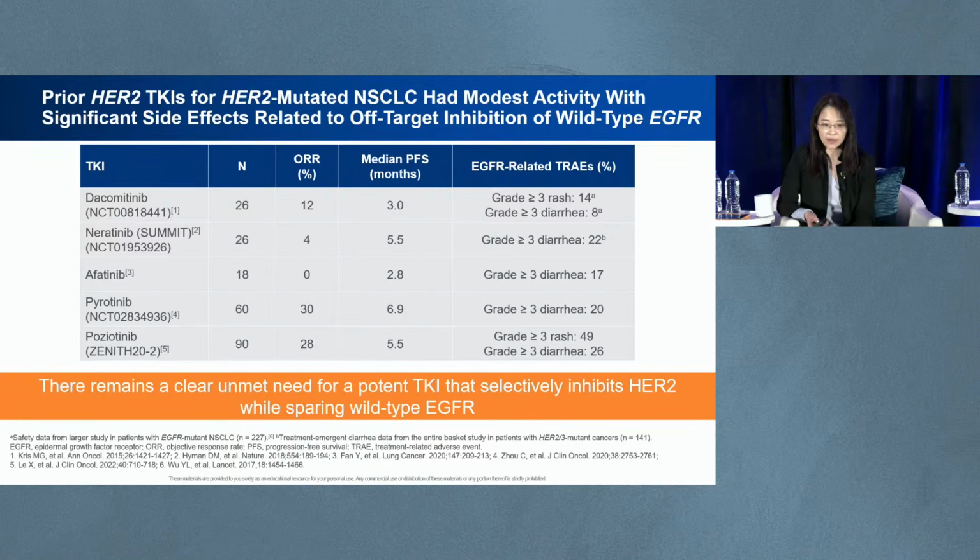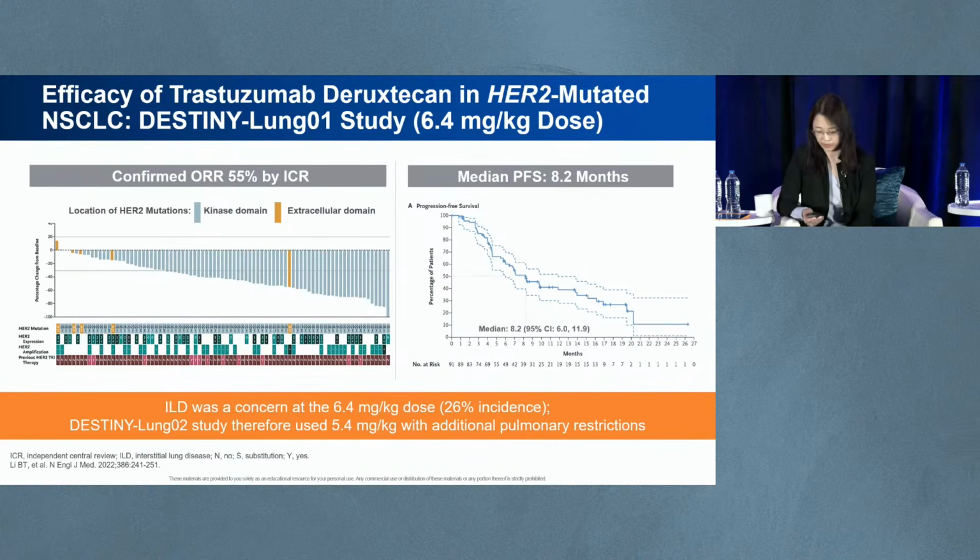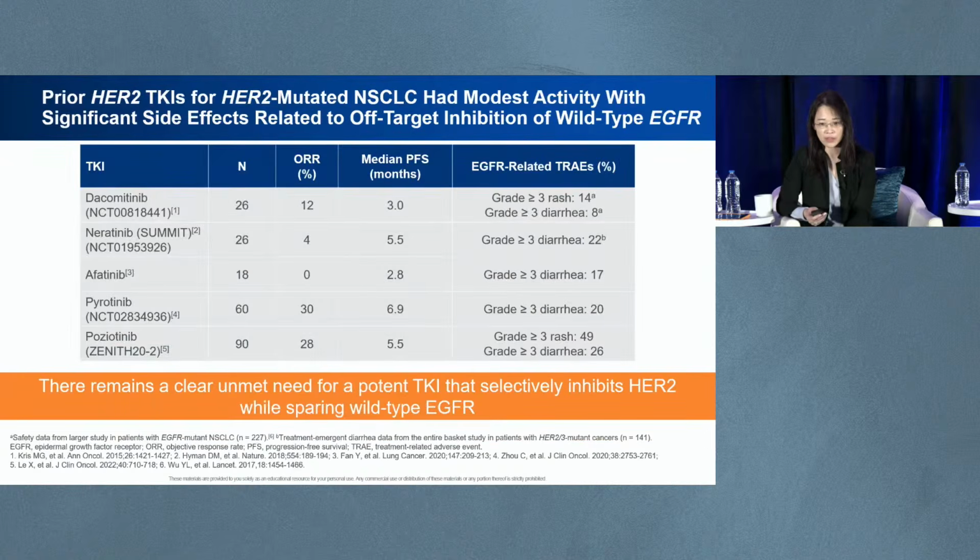Earlier, we had agents or small molecule inhibitors that can have cross-board efficacy across the whole EGFR family, including, for example, afatinib and, later on, poziotinib. However, there are a couple of problems with these earlier small molecules.